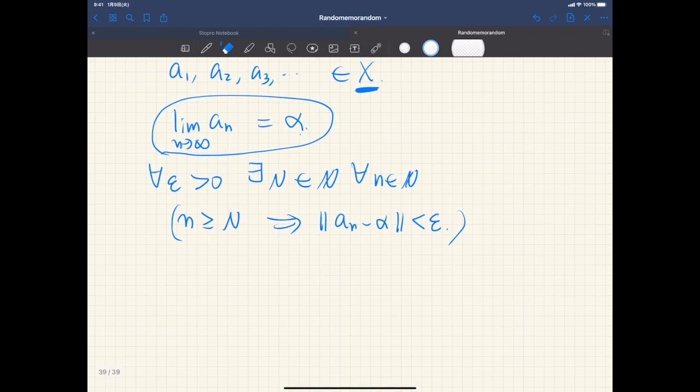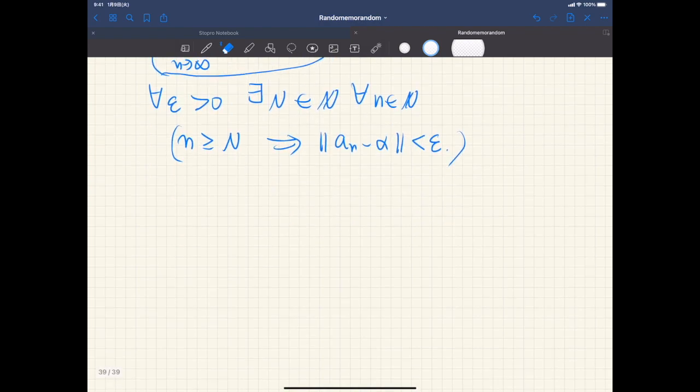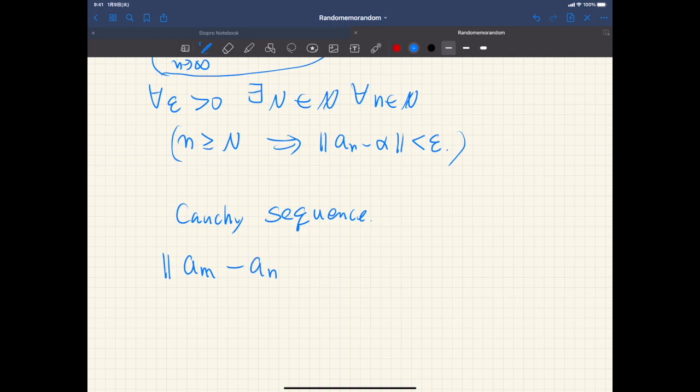And similarly, we can define the notion of a Cauchy sequence, just like for sequences of real numbers. A Cauchy sequence means that the difference between a_m and a_n converges to 0 as m and n go to infinity. If this is the case, then the sequence is called a Cauchy sequence.